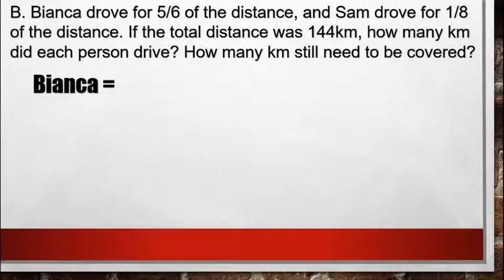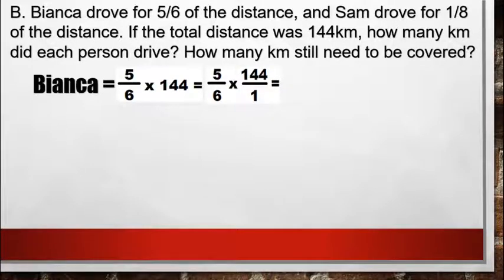So we'll start with Bianca. 5/6 times 144. Again, we have the 144, which is a whole number, so we need to convert it into a fraction. The denominator is 1. So let's have here 5/6 times 144 over 1.